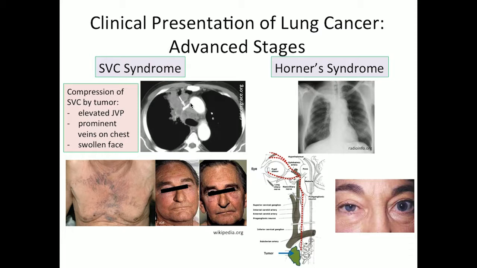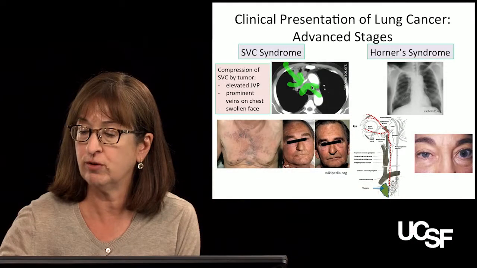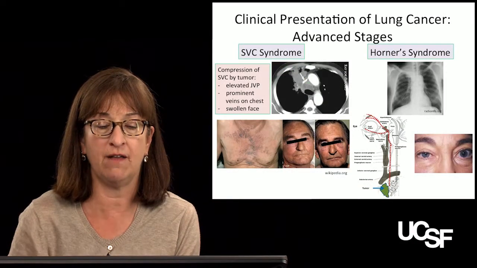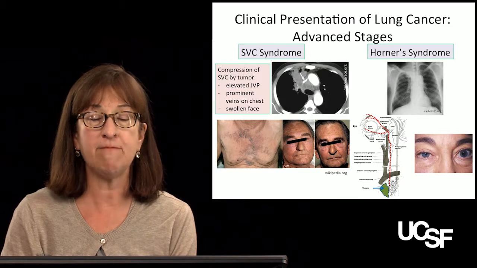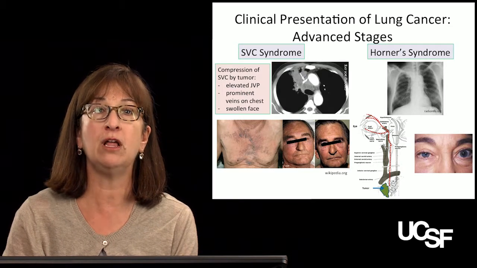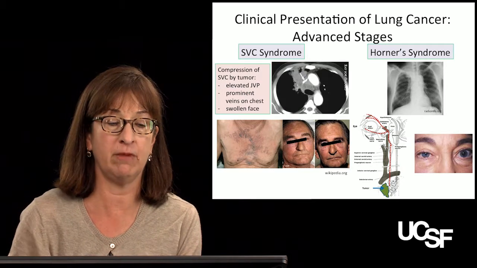Now, this little flat white line is the superior vena cava, and you can see that it's compressed by tumor this way and by the lymph nodes that are involved with tumor that way. So it's really put a cinch right on the superior vena cava. That makes it very difficult for blood to drain from the upper part of the body.